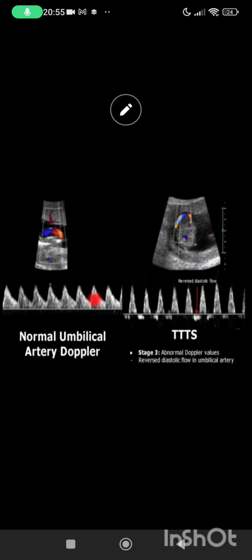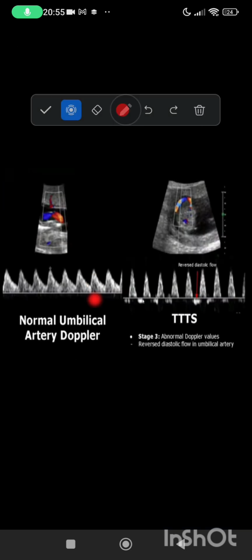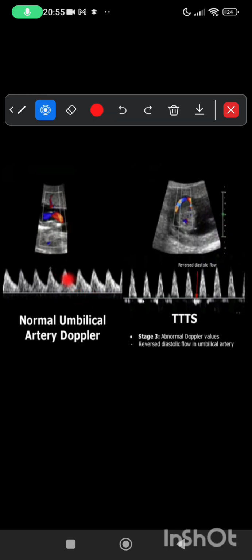So here again we can see the umbilical artery Doppler. Normally we can see a forward flow, above the baseline. We can see no reverse component here. But here we can see reversal. We can see a below-the-baseline component of the diastolic flow. So does it show increased resistance or decreased resistance?